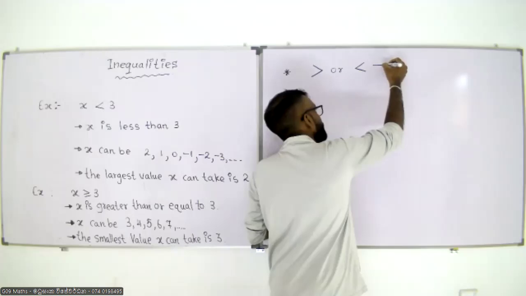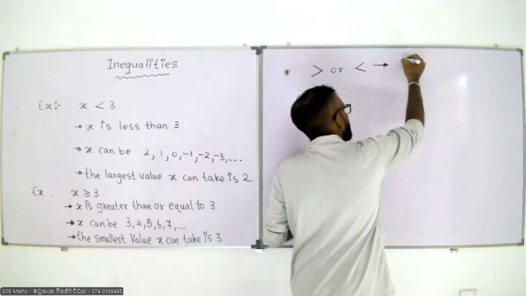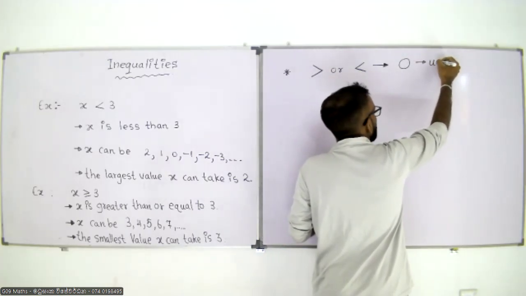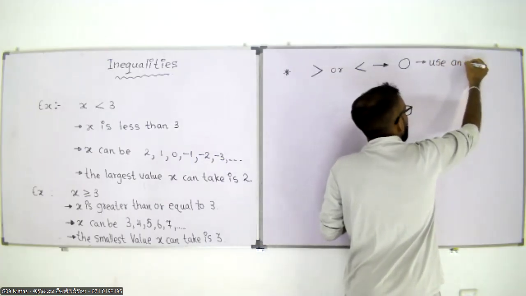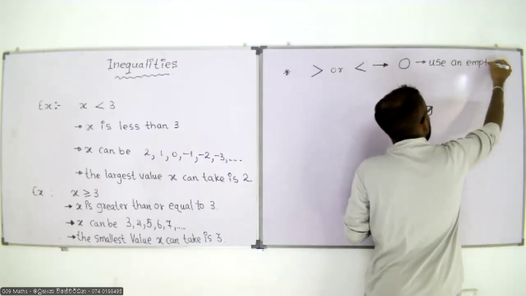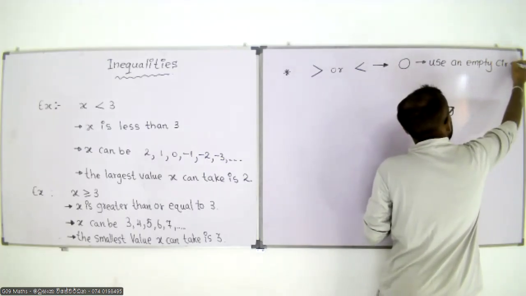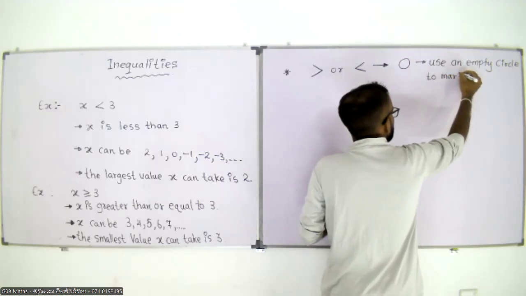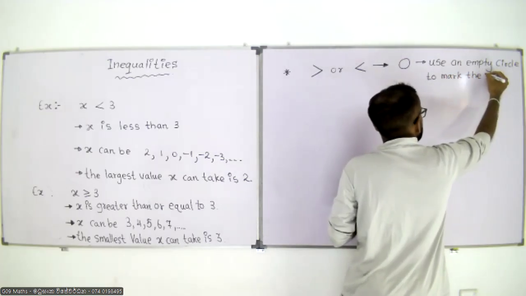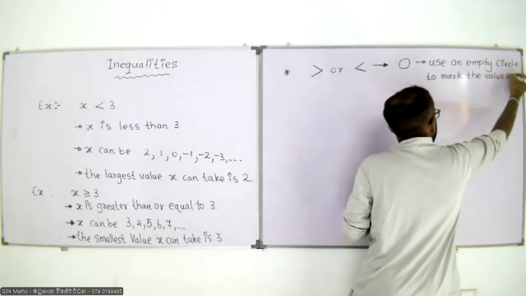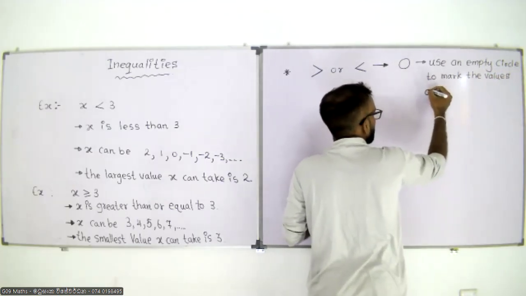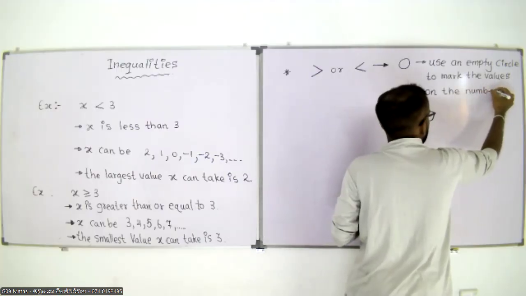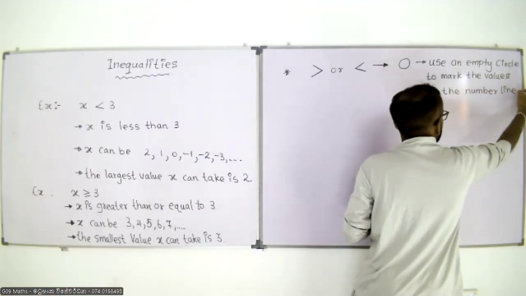In that case, you are going to use an empty circle to mark the values on the number line, right?